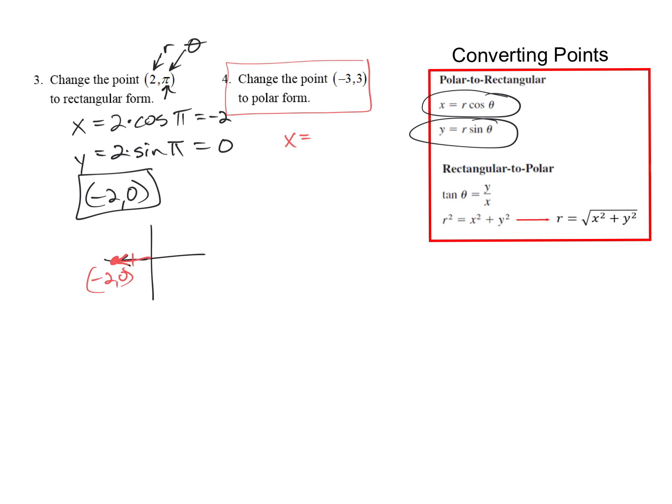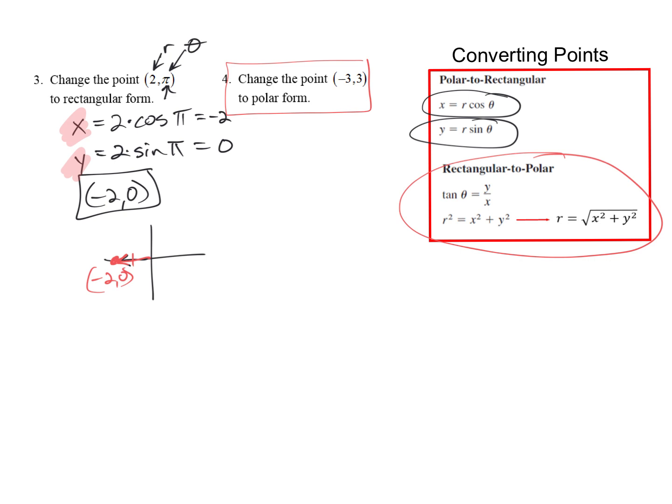X is equal to the r, which is this, oh wait, we're going the other direction here now. Sorry. We're going to polar. So we want to use actually these formulas down here when we're doing this. So we actually have to come up with an r and a theta this time instead of an x and y. You notice on the other one, on problem 3, I was coming up with rectangular, so I started with, well, that means x has to equal something and y has to equal something.